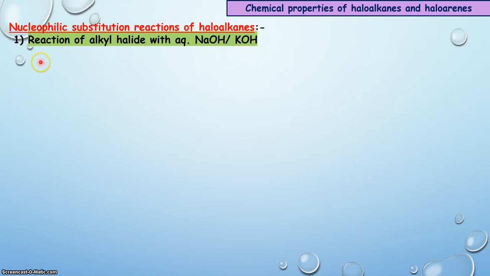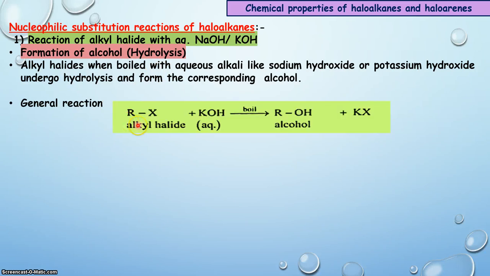Here is the first reaction, that is the reaction of alkyl halide with aqueous sodium hydroxide or potassium hydroxide. That results in the formation of alcohol, and the process is hydrolysis. In this reaction you can observe that alkyl halide, when boiled with aqueous alkali, that may be sodium hydroxide or potassium hydroxide, undergoes hydrolysis and forms the corresponding alcohol.